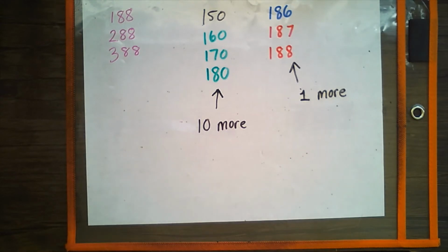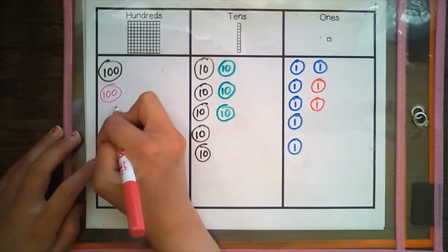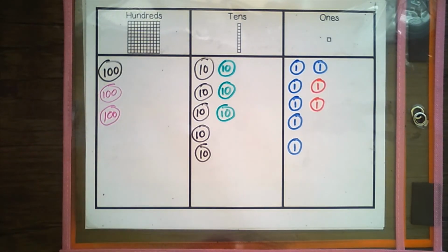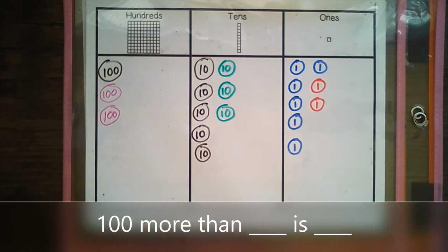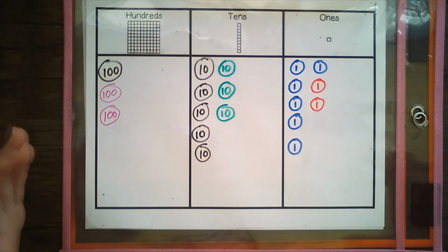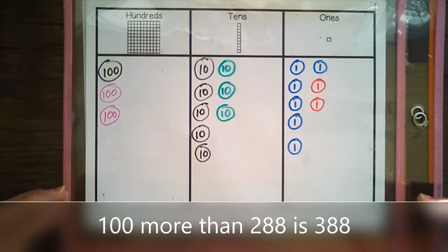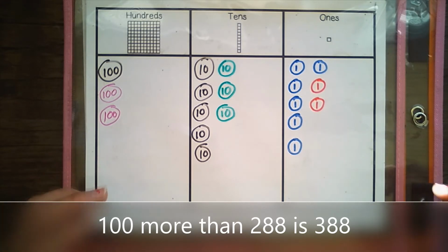Let's see if that's correct by placing another hundreds disc in the hundreds place value chart. Good. That is absolutely true. 100 more than 288 is 388. Let's take a look at that sentence frame one more time. 100 more than 288 is 388. Wonderful job, my friends.